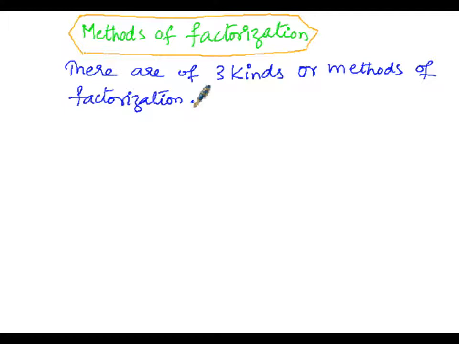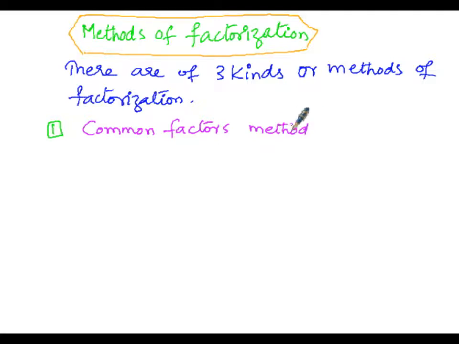Number one is the common factors method. By means of the common factors method, we can factorize. First of all, we have to find the factors of each and every term of the given expression. Then later we have to divide and multiply the given expression by the highest common factor which we get for all the terms. That is called the common factors method.